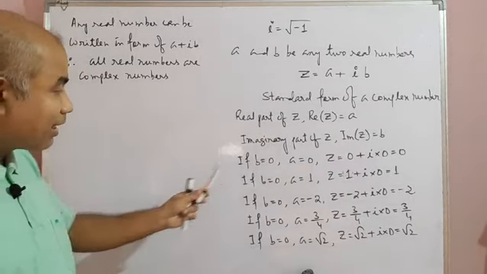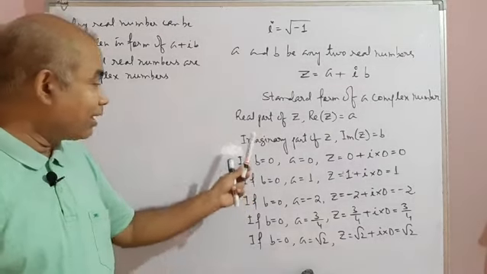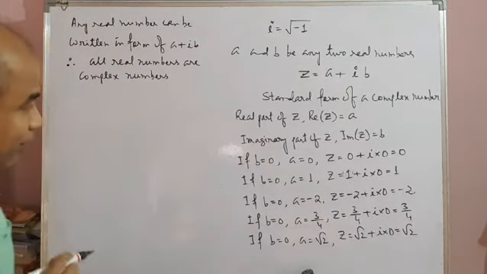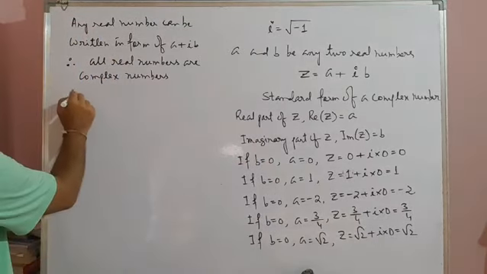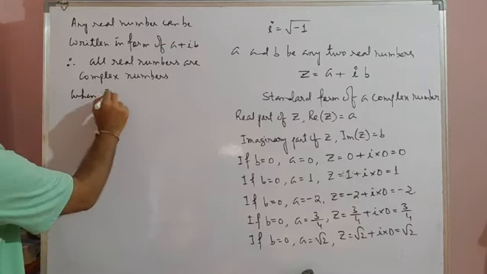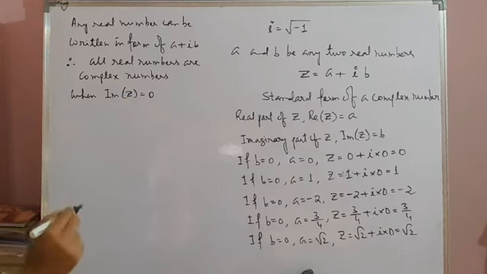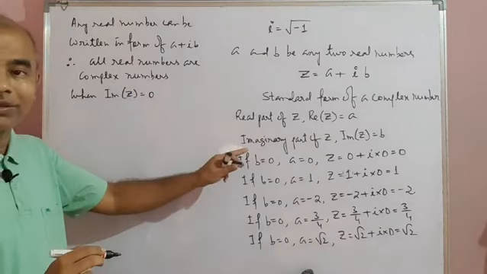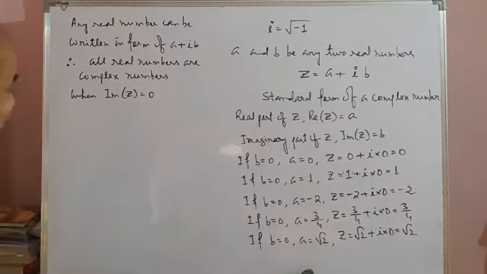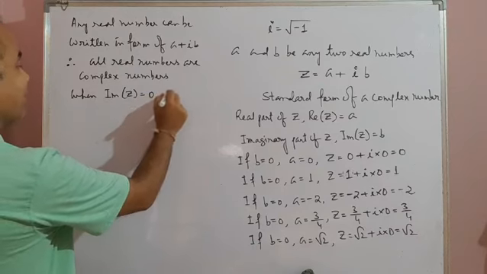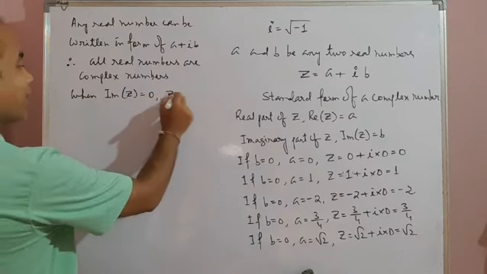In those real numbers, one thing we have observed is that our imaginary part b was 0. So when the imaginary part of a complex number, denoted by Im, the first two letters of the word imaginary, where z is the symbol for a complex number, is 0, then this complex number z is a real number.